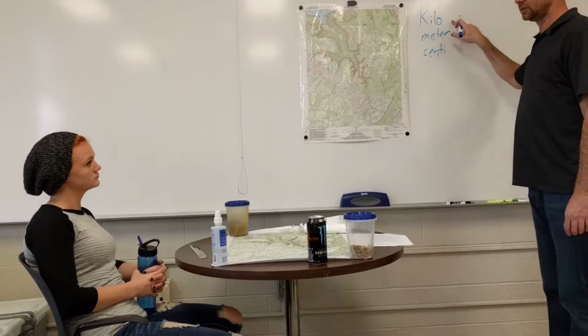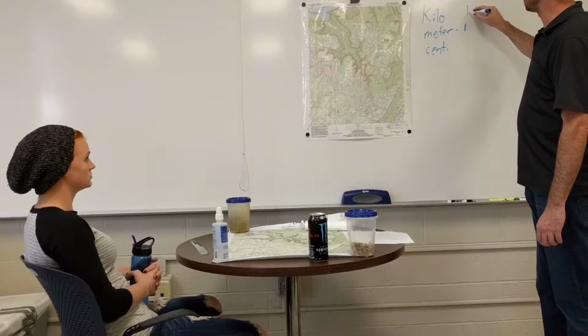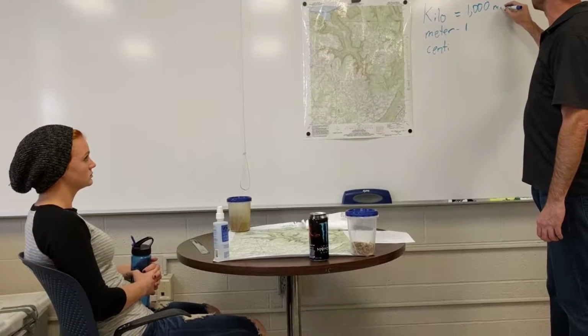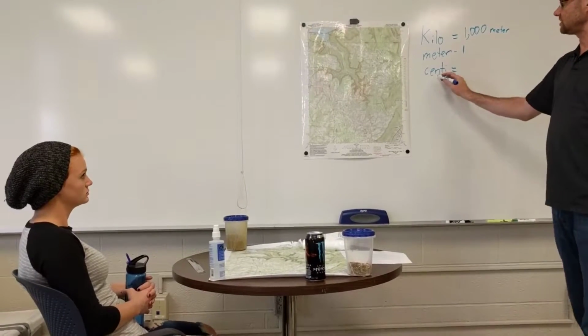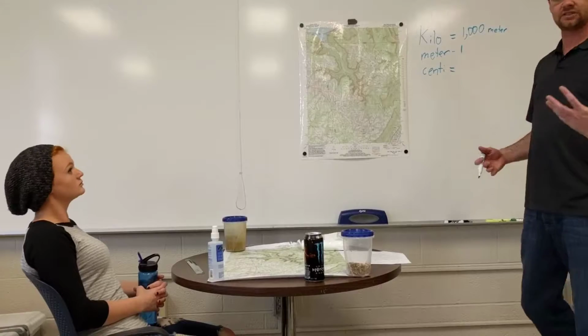So how many meters are there in 1 kilometer? 1,000. 1,000, that's right. So 1 kilometer equals 1,000 meters. And centi has the base cent. So we said earlier that there are 100 cents in a dollar, and it's the same idea.